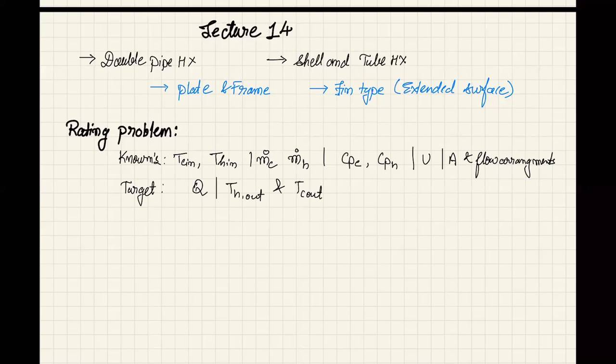All right. The second class of problem is known as the sizing problem, and this is the type of problem that we have been discussing in our full-fledged or comprehensive problems in our classes. So typically in a sizing problem, the knowns are the inlet and outlet temperatures for both the streams.